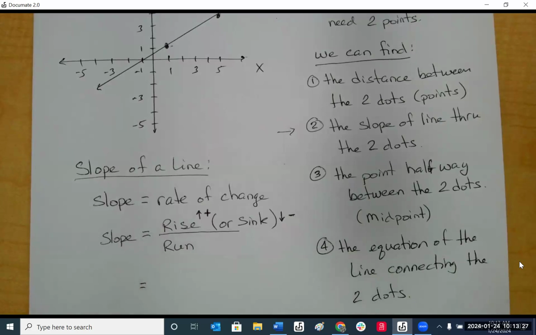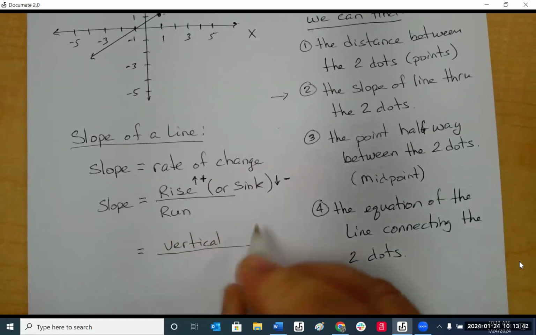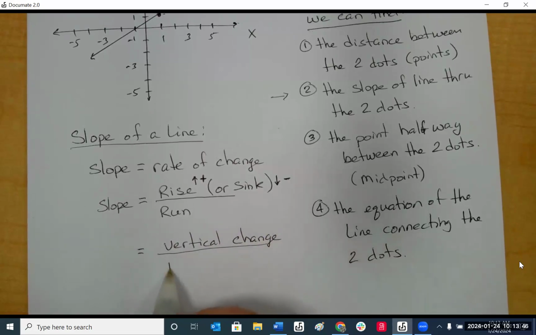Let's look at these in formulas. What this is defined as is the vertical change over the horizontal change.